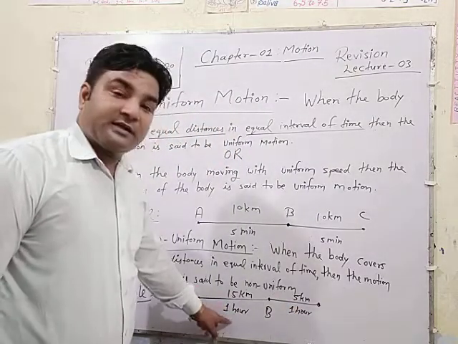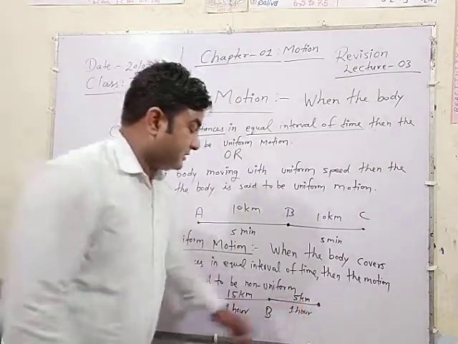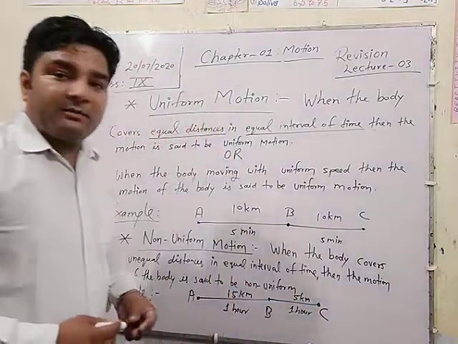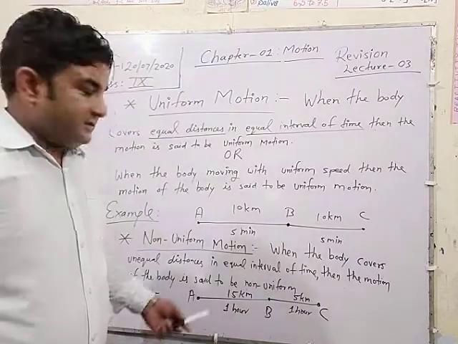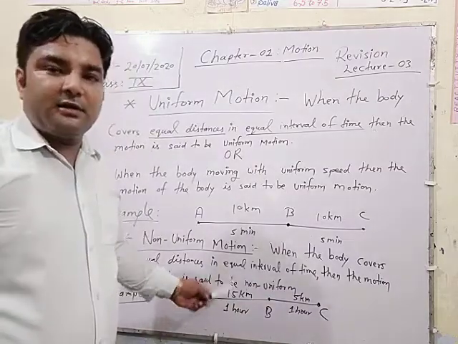From A to B time taken is 1 hour, and from B to C time taken is also 1 hour, but the distances here are 15 kilometer and 5 kilometer, that is unequal. It means the motion of the body is non-uniform motion.